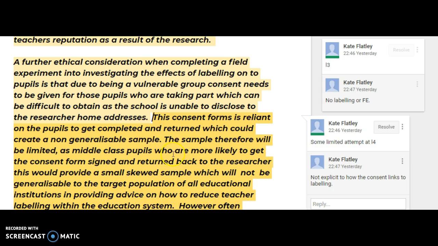But then she does try to elaborate on this by stating that the people that do respond are more likely to be middle class compared to those that don't, and this means it will not be generalisable to a target population. In providing advice on how to reduce teacher labelling within the education system, she's trying to show that application there, but it's not explicit of how that links to getting consent.